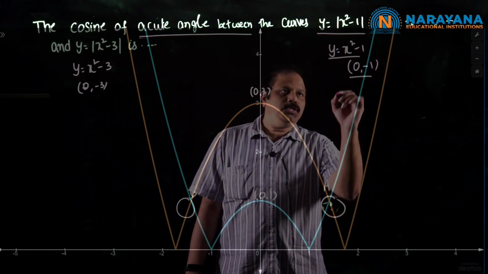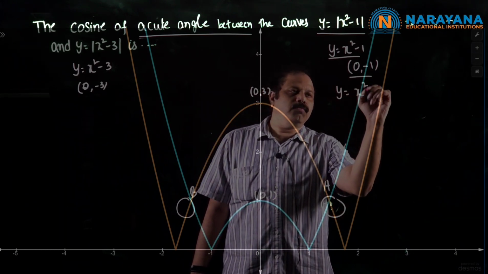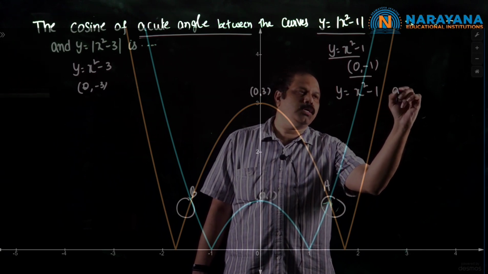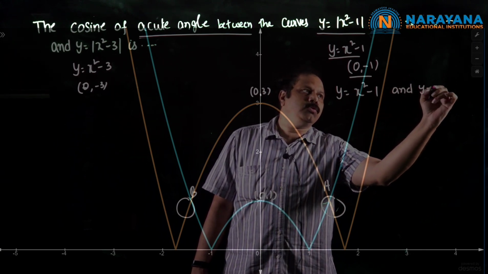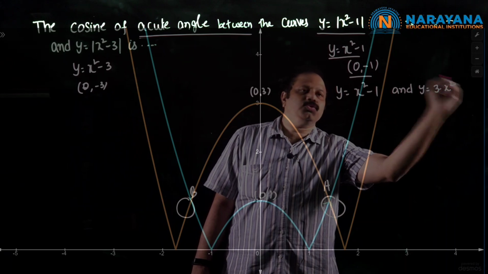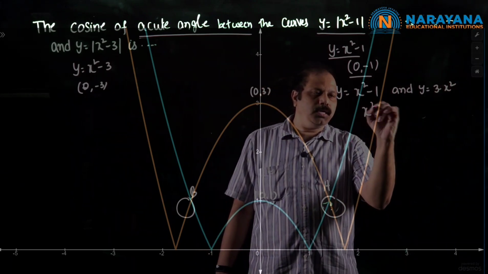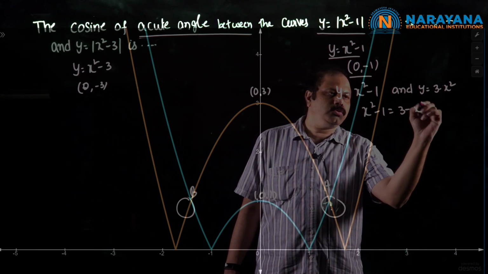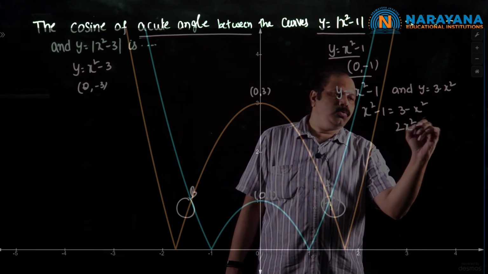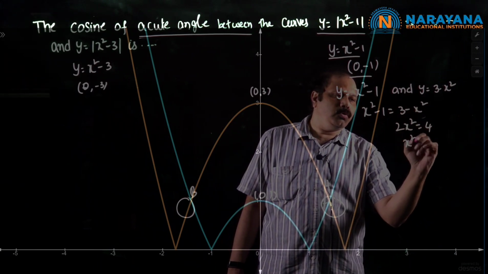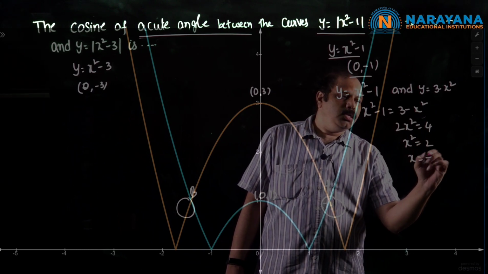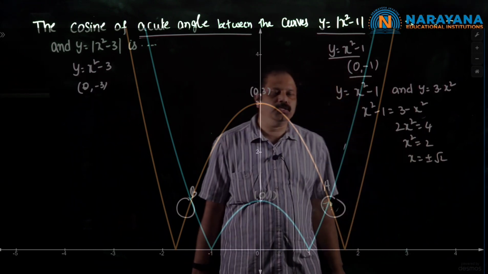So we need to find the point of intersection of y equals x squared minus 1 and y equals 3 minus x squared, because I am taking the image. By solving, x squared minus 1 equals 3 minus x squared, 2x squared equals 4, x squared is 2, x equals plus or minus root 2.